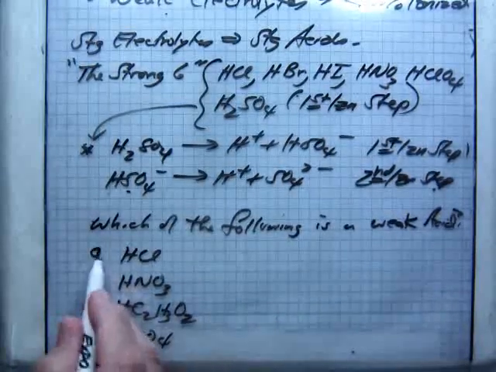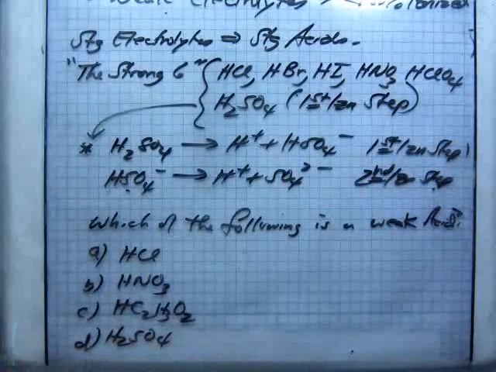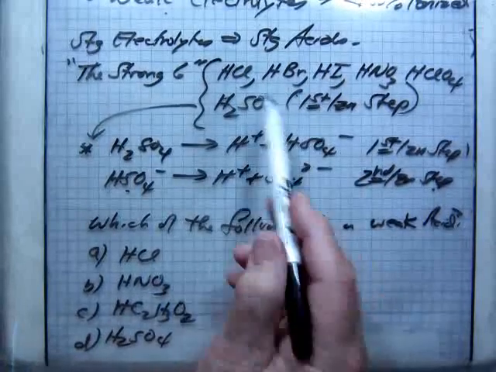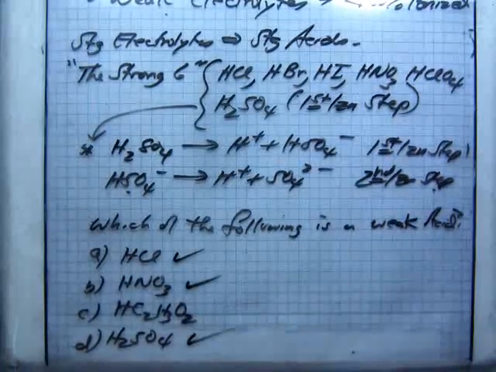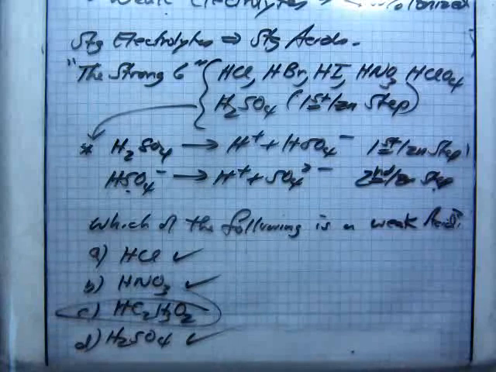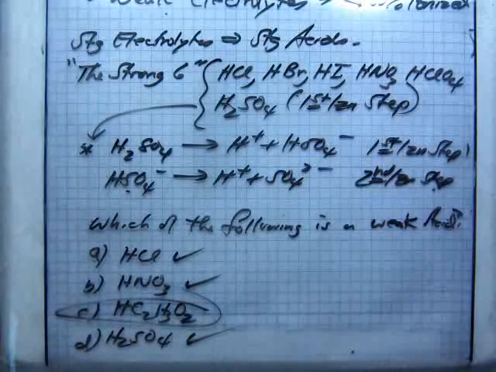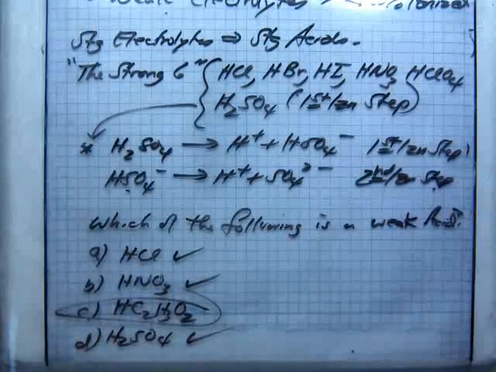So you give an A, B, C, D like that. Now, if you know the strong acids up here, you can check those off, and the only one that's not a member of the strong acids is that one. You don't know what it is, you don't care what it is, but you know that it isn't part of that. And so that's how you tell the weak acids.